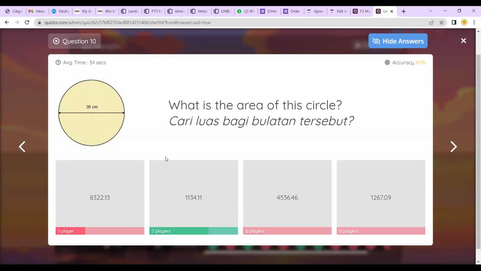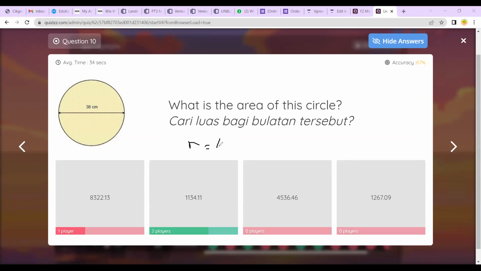Oh, so 38 cm. Can you type in the chat box, Kai Chen and Joe? Is 38 cm diameter or radius? The given 38 cm here is diameter or radius? Okay, diameter. So to find radius, how to find R? 38 divided by 2.